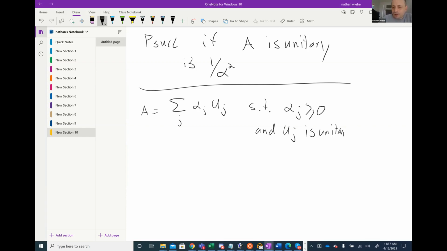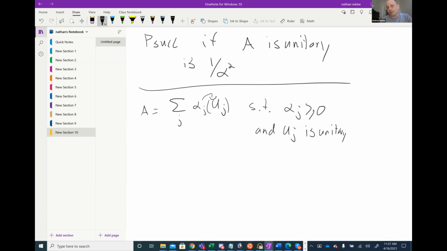Now, without loss of generality, I can assume the alpha sub j's are positive. It turns out to not be necessary. You can do a slightly more complicated trick to deal with this, but if they were negative or had a phase, I can always absorb that sign or phase into the unitary in question.